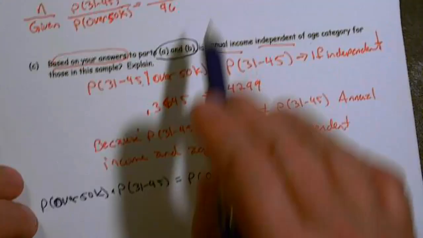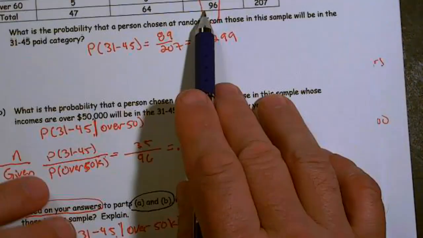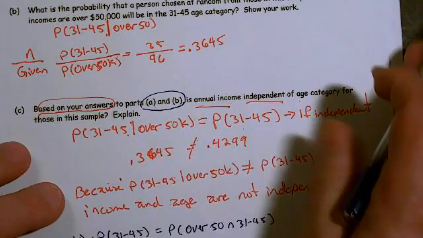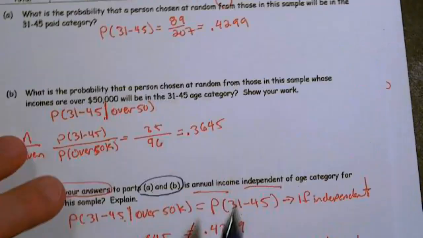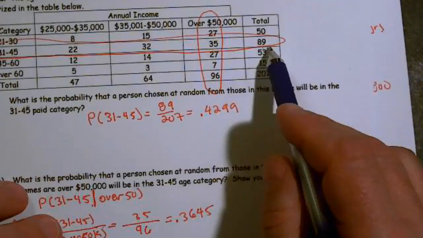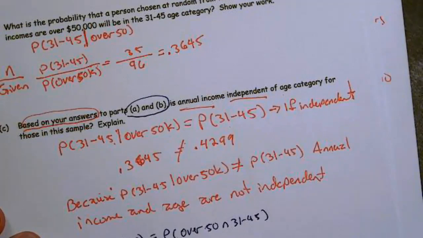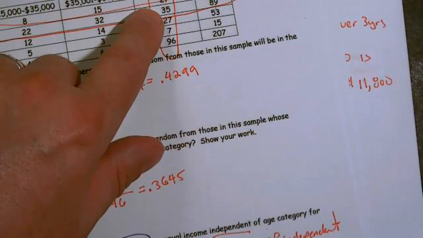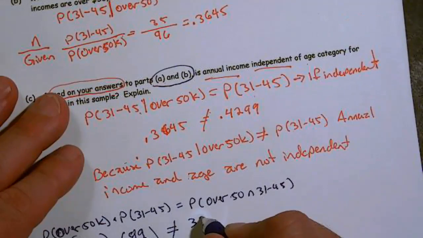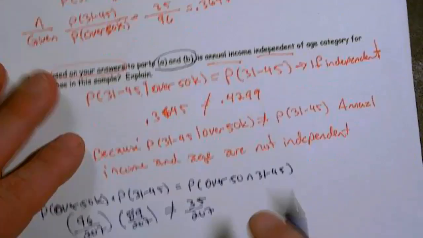Well, what's the probability over 50? Probability over 50 is 96 over 207. Probability of 31 to 45 is 89 over 207. And I'm not going to multiply this out, but it does not equal that intersection, which is 35 over 207.